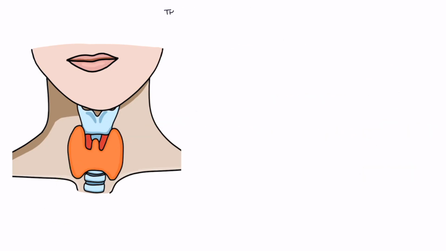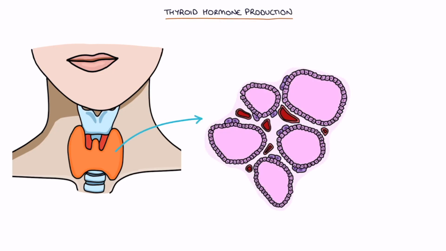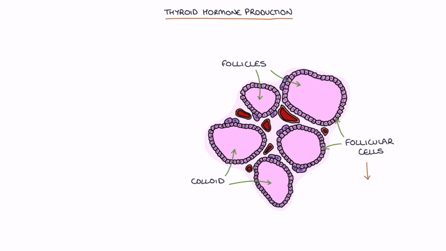Let's talk about thyroid hormone production. Inside the thyroid gland, there are structures called follicles. These structures are lined by follicular cells and contain a fluid called colloid. The follicular cells produce thyroid hormones. Iodine is an essential component in the production of thyroid hormones.